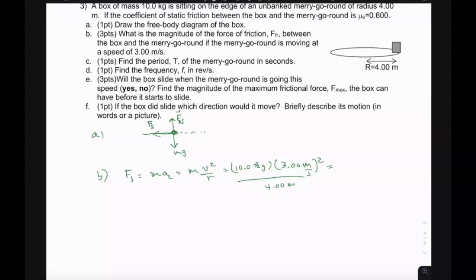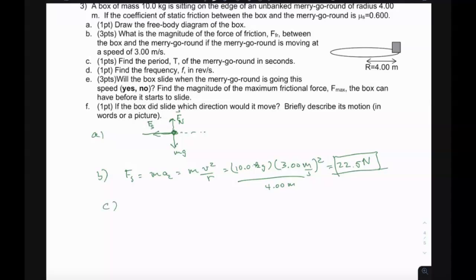Then when we calculate that, we find that the F sub S is 22.5 newtons. Okay, that's worth 3 points.